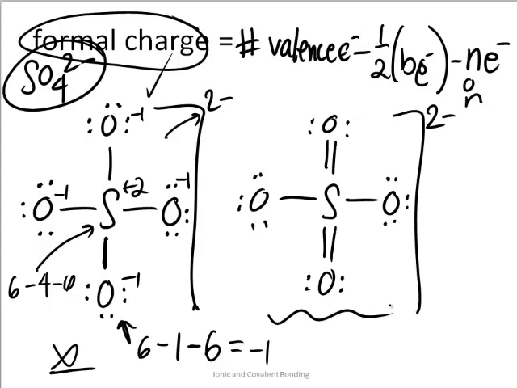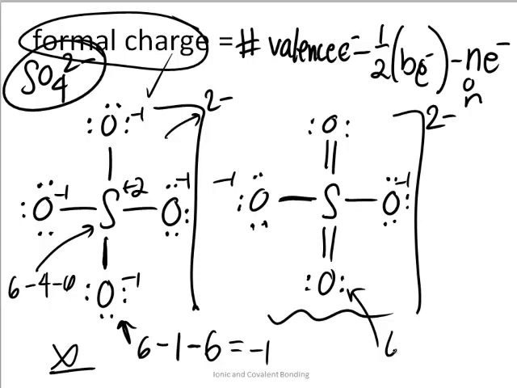But let's go to the expanded octet version of the sulfate polyatomic ion and calculate the formal charge over here. Well, we know that the oxygen atoms with 6 valence electrons that have 1 bond, and 2 bonding electrons, will have a -1 formal charge. We already did that calculation. These other oxygens will have a different formal charge because they're bonded in a different manner.